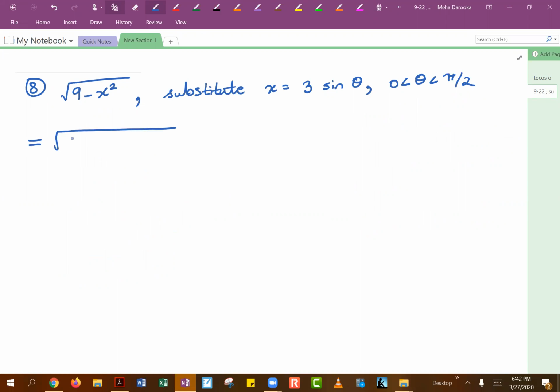So instead of 9 minus x squared, we are going to replace that x with 3 times sine theta, right? So we are given 3 times sine theta to the second power. So remember that second power goes with the 3 and with the sine function.